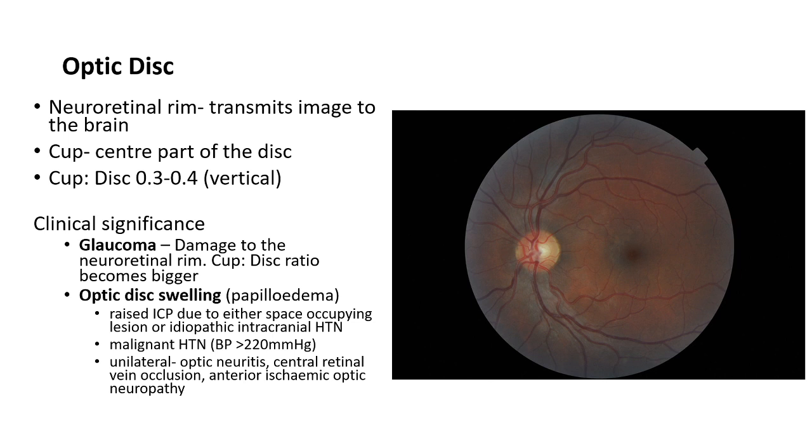Swelling of the optic disc can indicate important diseases. These include raised intracranial pressure due to either space-occupying lesions or idiopathic intracranial hypertension, or it may indicate malignant hypertension, optic neuritis, central retinal vein occlusion, and anterior ischemic optic neuropathy.